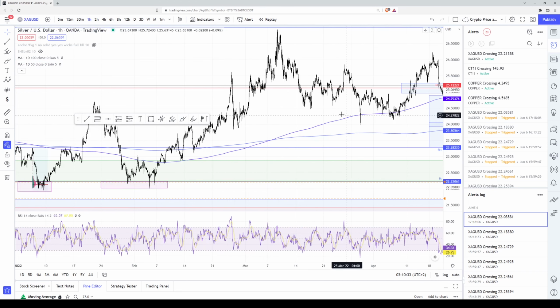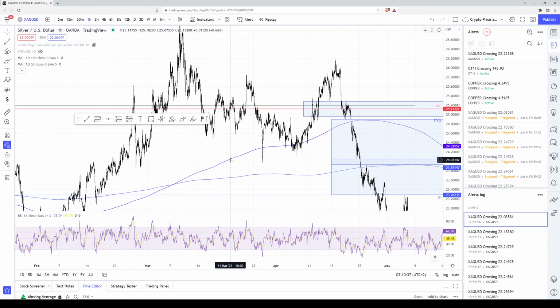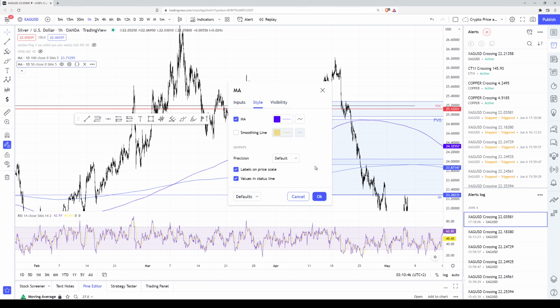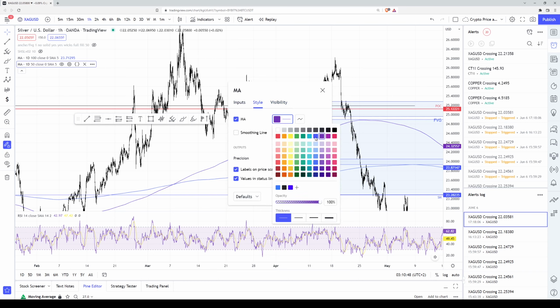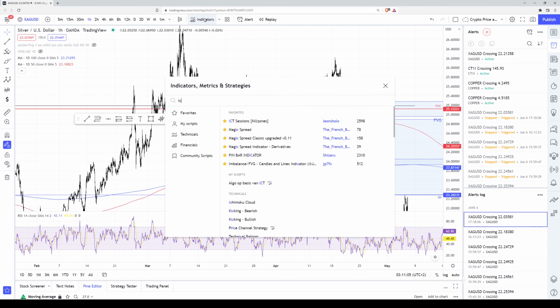You can see that now they are pretty hard to distinguish, but if we use a red and a blue color, for example, it will be really easy to change the way the moving averages show, so that it is clear which one is the red and which one is the blue one.